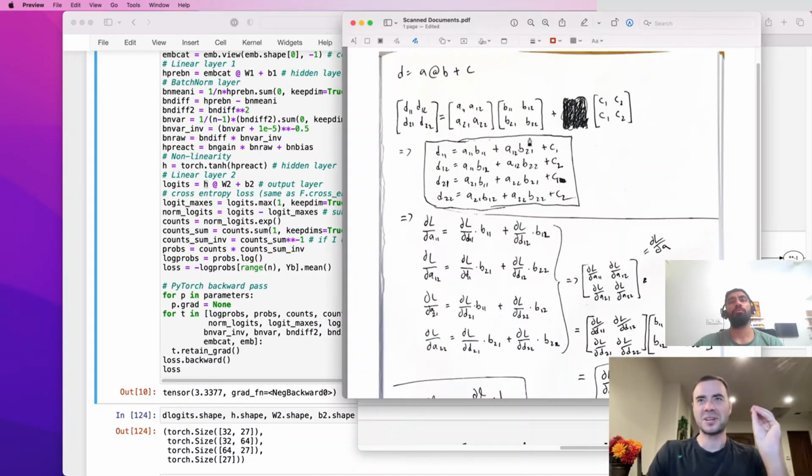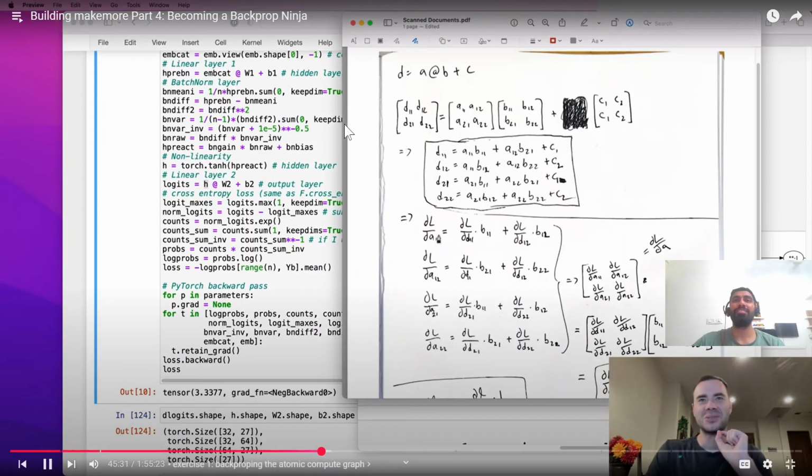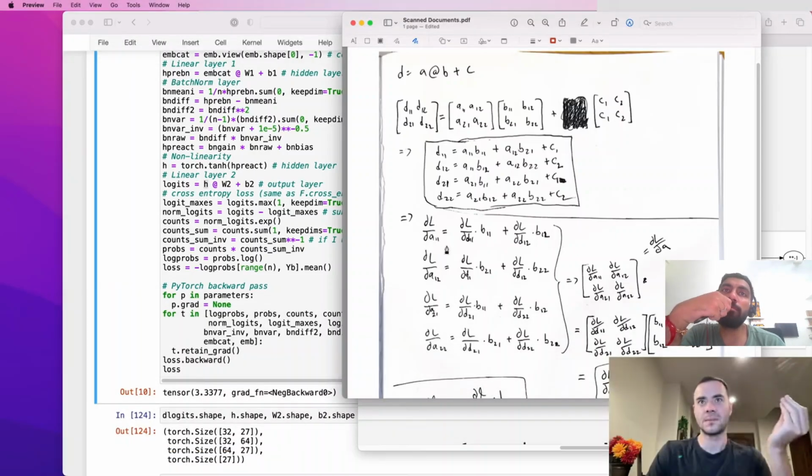Okay, so the low budget production continues here. So let's, for example, derive the derivative of the loss with respect to A11. We see here that A11 occurs twice in our simple expression, right here and right here, and influences D11 and D12. So what is DL by D A11? Well, it's DL by D11 times the local derivative of D11, which in this case is just B11, because that's what's multiplying A11 here.